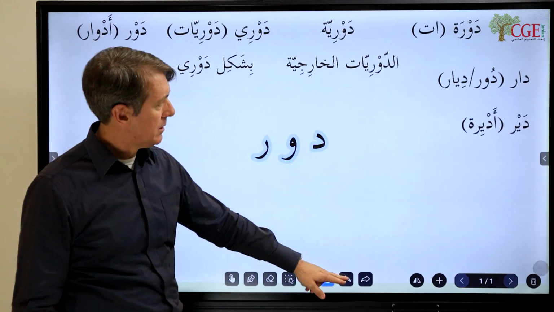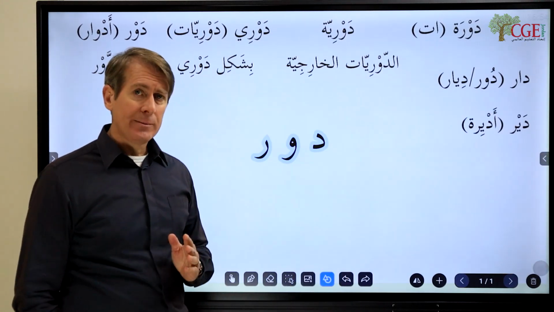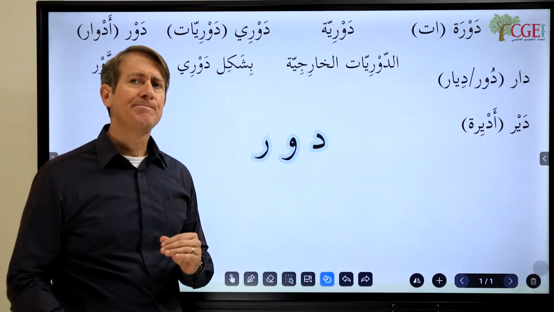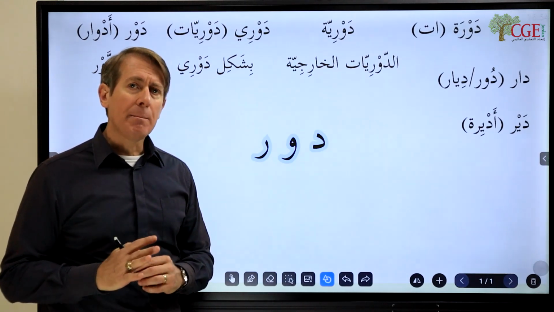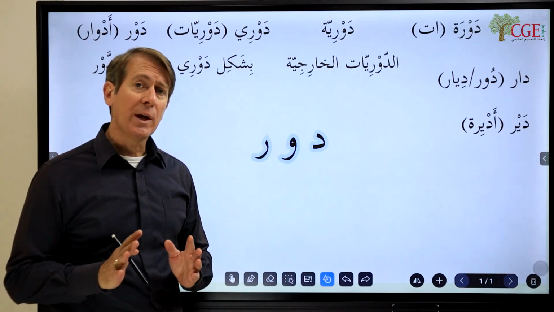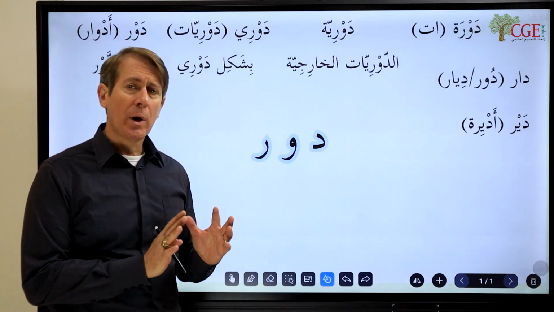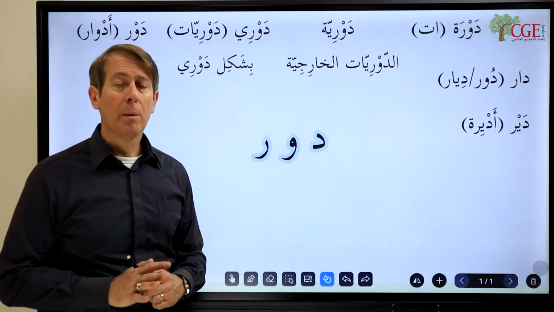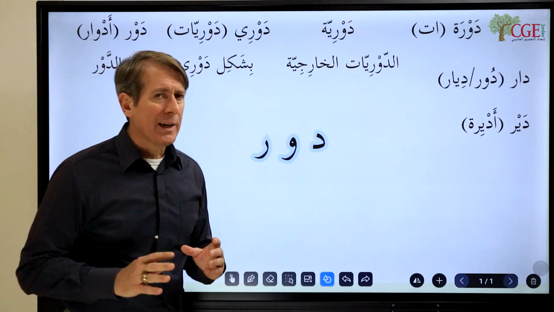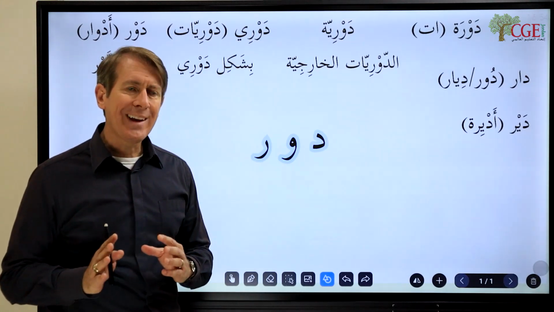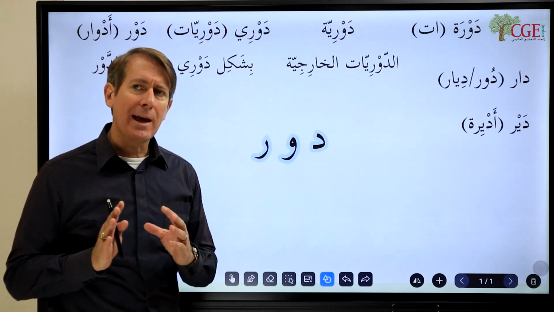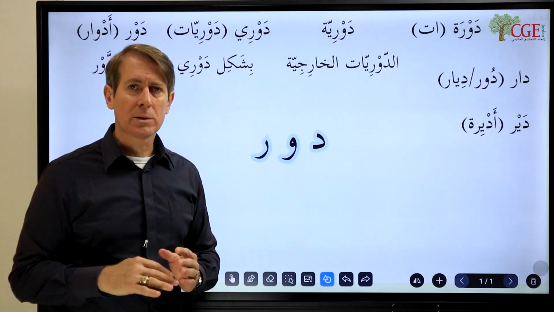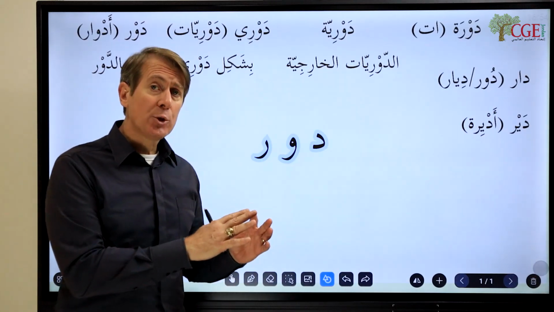All right? The next one, Der. Now, Der means a monastery, okay? A place where a rahib might live, okay? That's a monk. But here's the thing. Why do we say Der? Well, it's a special type of home for monks, but it also could mean a church.